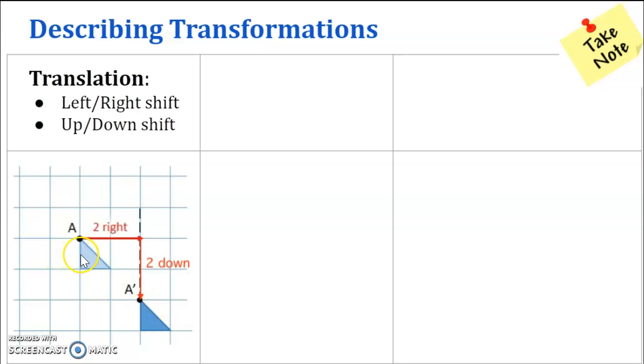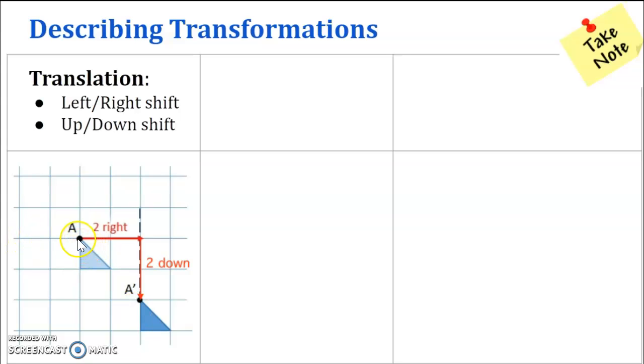How do I know that the light blue triangle was the original? It's because that vertex has the notation of A, and that corresponding point right here has the notation of A prime. A prime tells me this is after the transformation, whichever one, whether it's translation, rotation, or reflection.